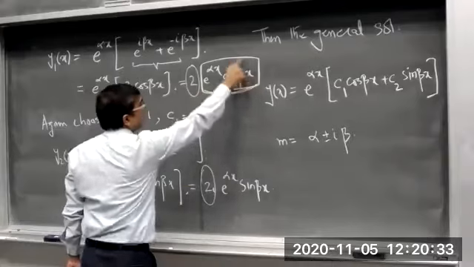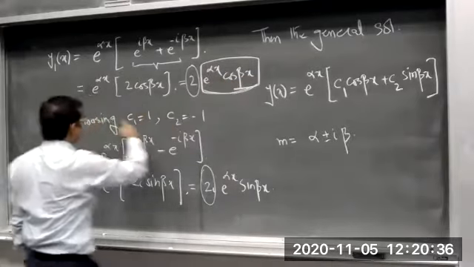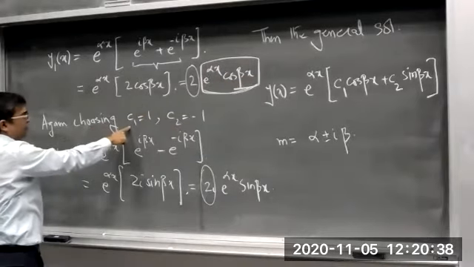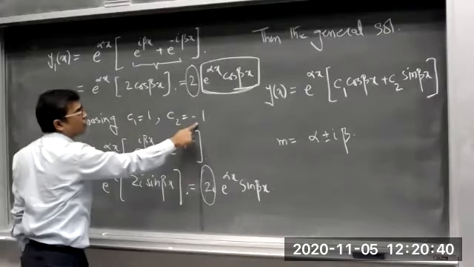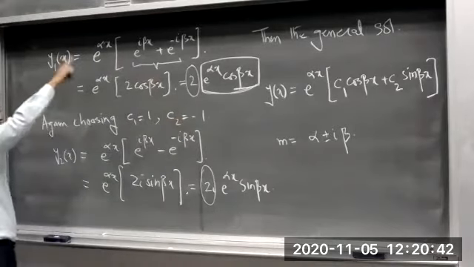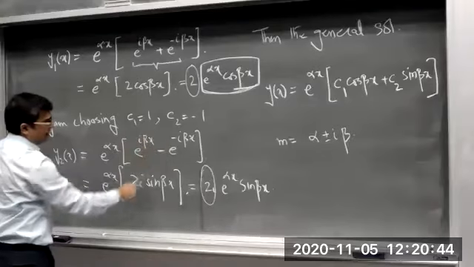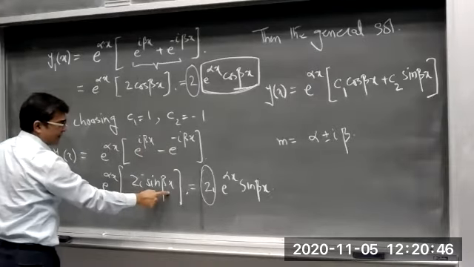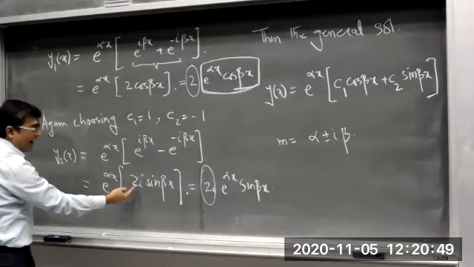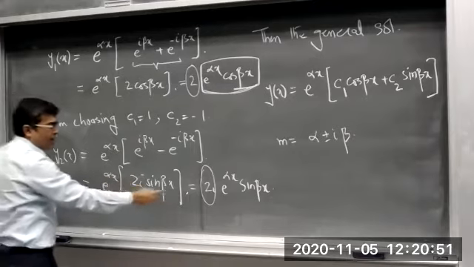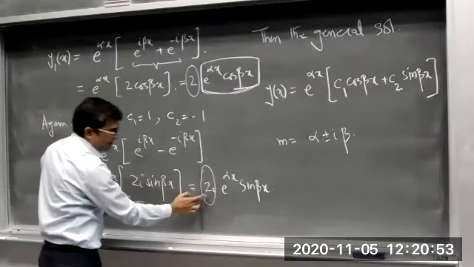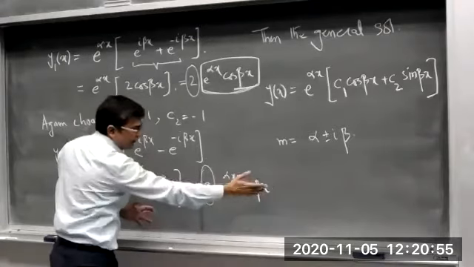Now, I can choose this as a first solution, and similarly by choosing C1 equal to 1 and C2 equal to minus 1, again in that general solution, I can write this inner expression as 2 iota sine beta x. Now there is iota here. I can eliminate this iota because I can write this solution in terms of 2 iota e raised power alpha x and sine beta x.